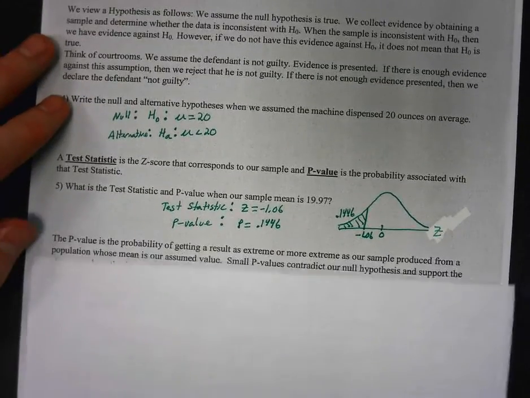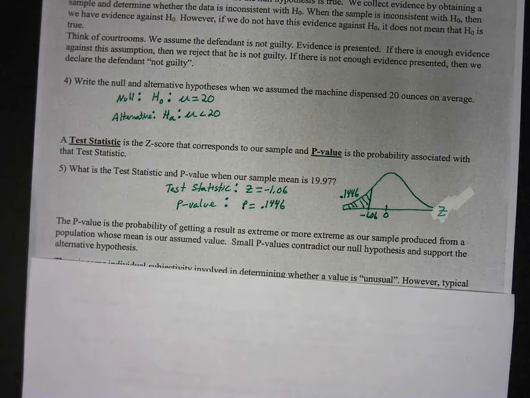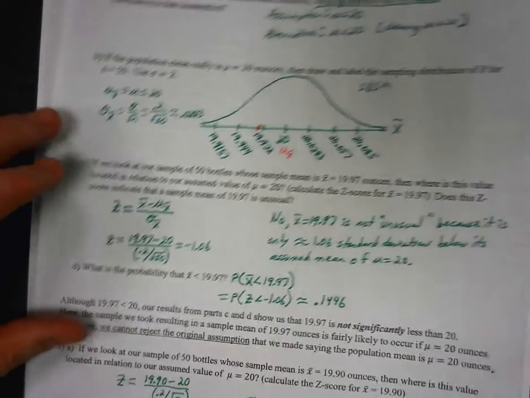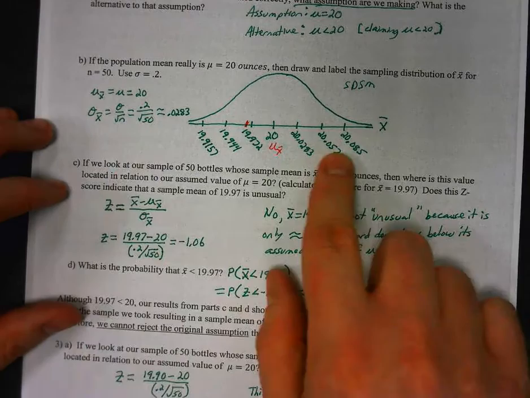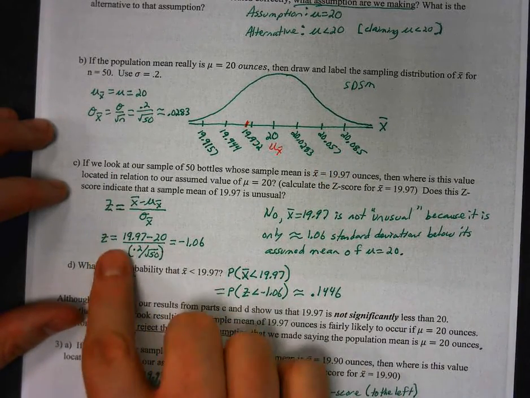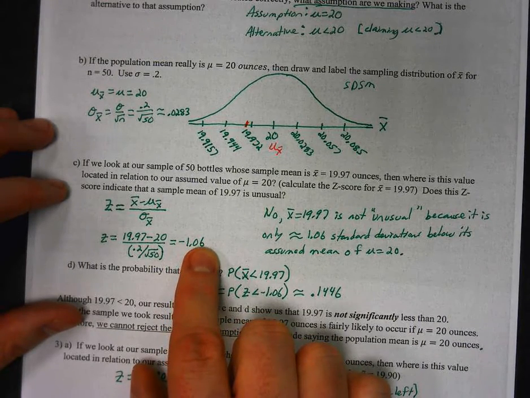This goes back to the previous video, so I hope you're watching these in order. What we found in our previous video was that when we took 50 bottles, the sample mean was 19.97. We found a z-score of negative 1.06. That is what we're going to refer to as our test statistic.